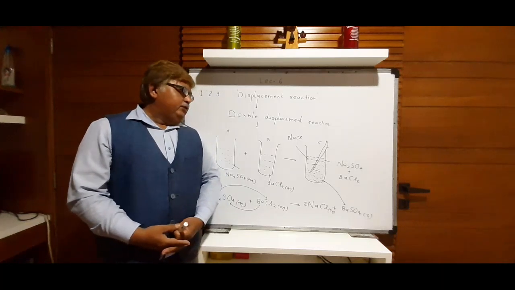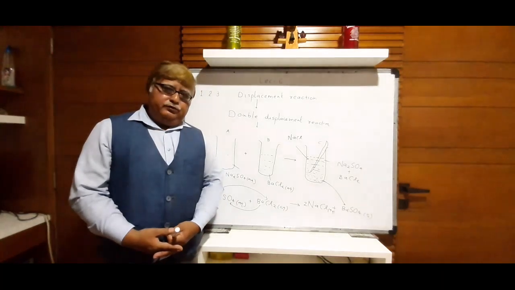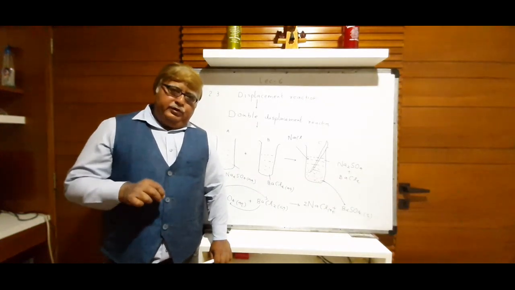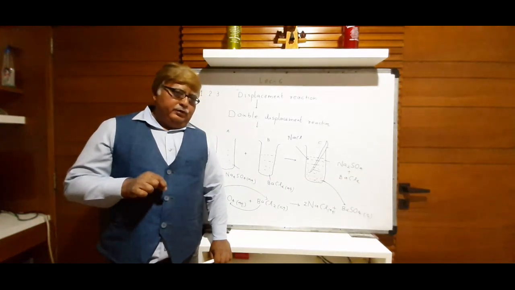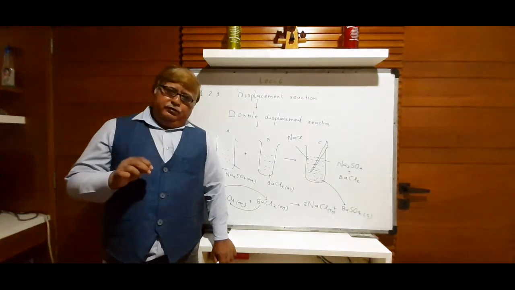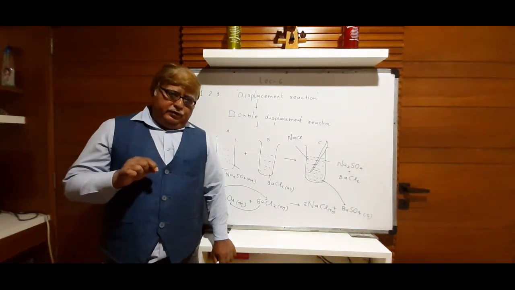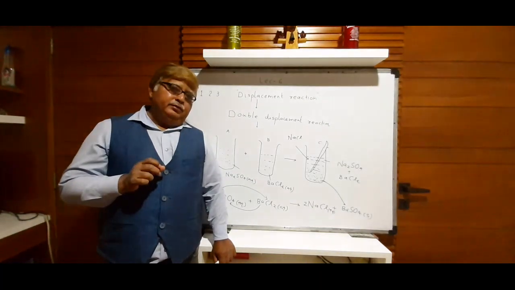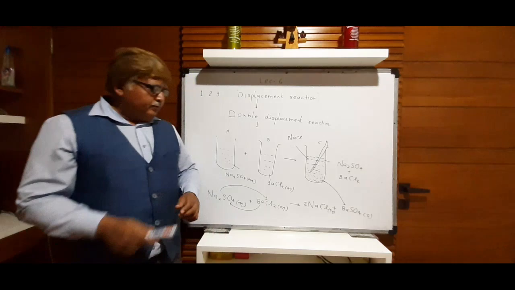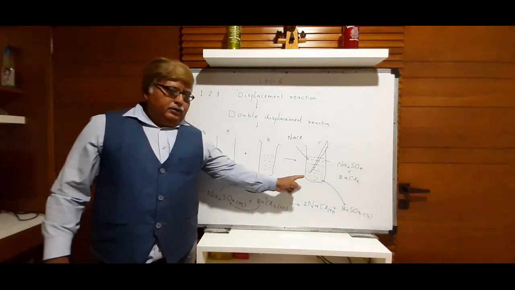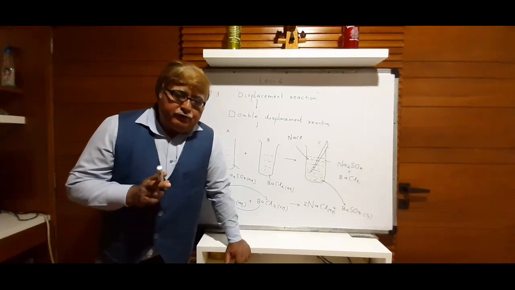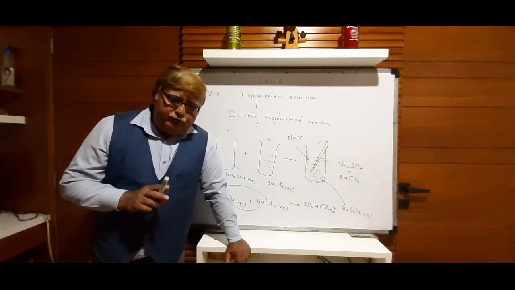Question number 7. What is double displacement reaction? Explain. Should I speak again? What is double displacement reaction? Explain. Your question number 8. Here precipitates are formed, so same reaction can also be asked in this way.